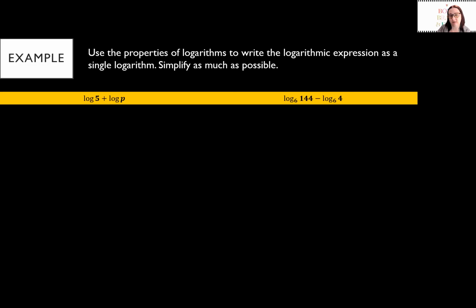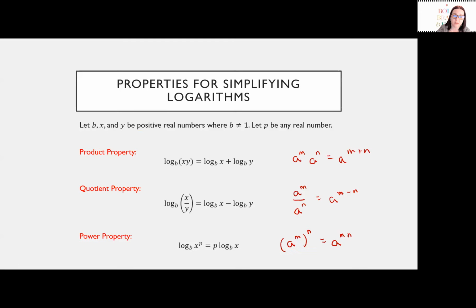So these are both log 10, which means we're allowed to combine these. If one was log 2 and the other one was log 10, you can't do that. So they have to be the same base in order to combine. Much like when you have exponents, in order to multiply those things together and add the exponents, they have to have the same base. So the same applies with your logarithms.